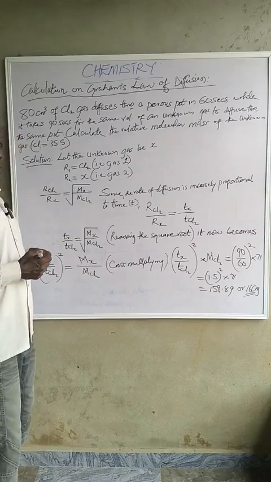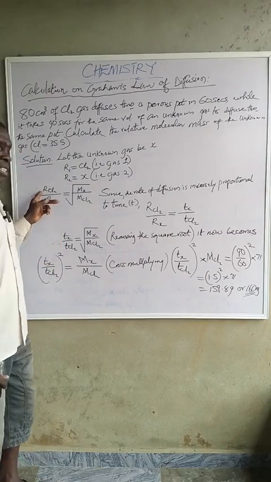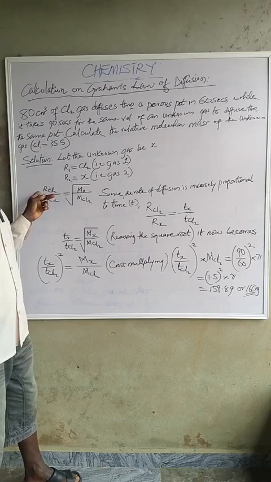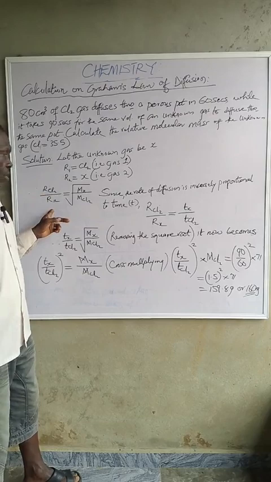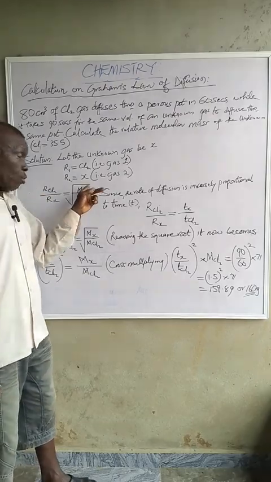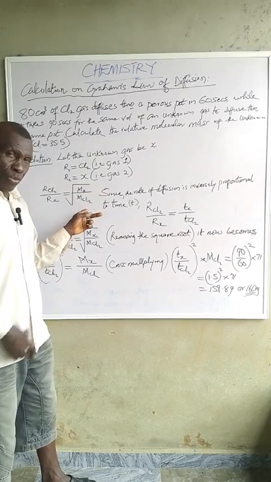Now, going by Graham's law of diffusion, the rate of diffusion of the first gas to the unknown gas will be the square root of the molecular mass of the unknown gas over the molecular mass of the known gas, which is chlorine.